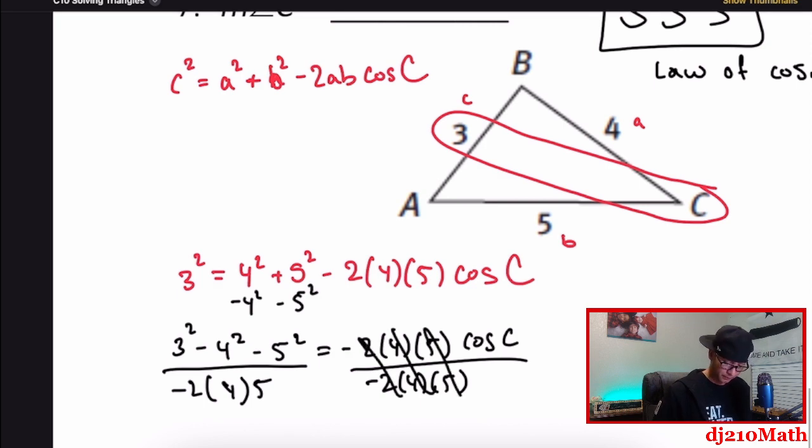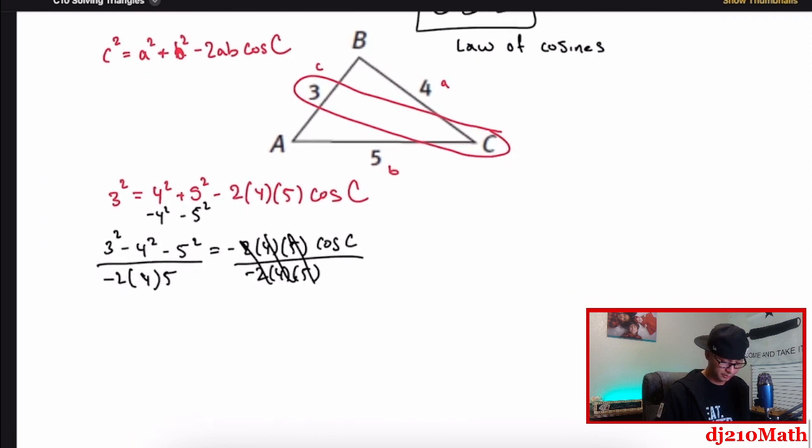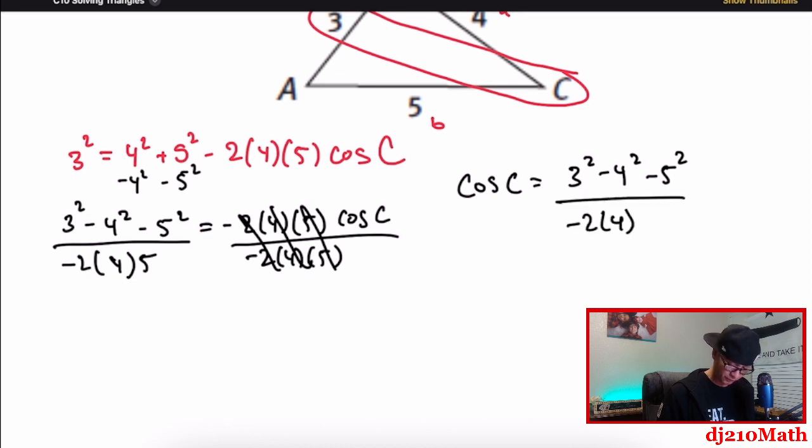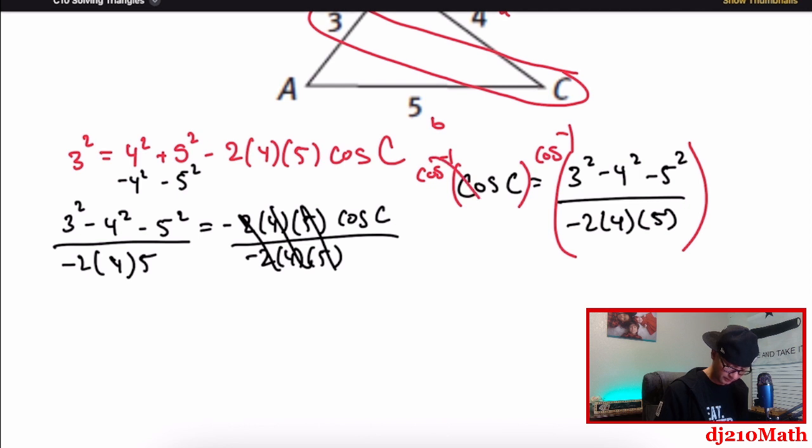So the conclusion is that cosine C is equal to 3 squared minus 4 squared minus 5 squared divided by negative 2 times 4 times 5. Now, because we're looking for C and I want to undo cosine, we have to take the inverse cosine of each side. So big C is equal to all of this.